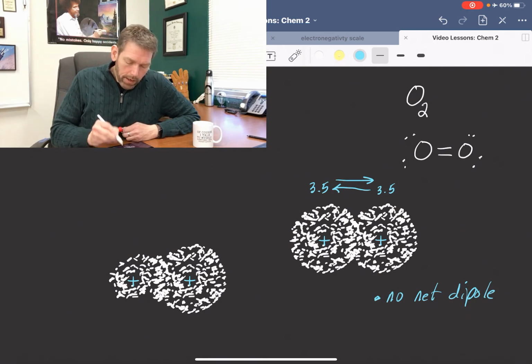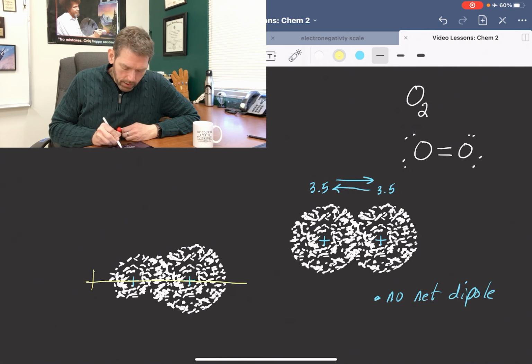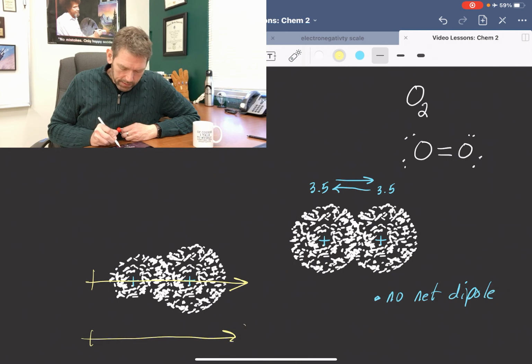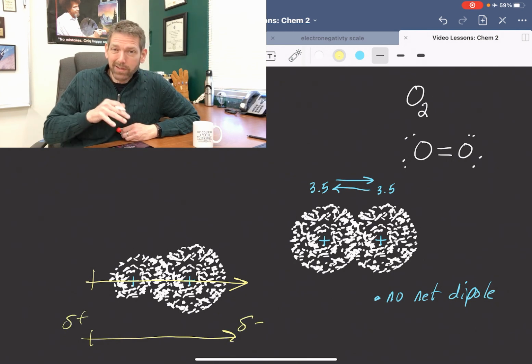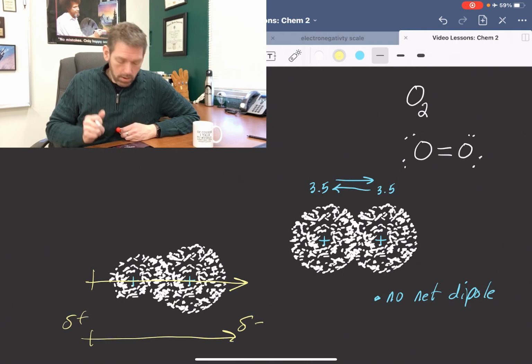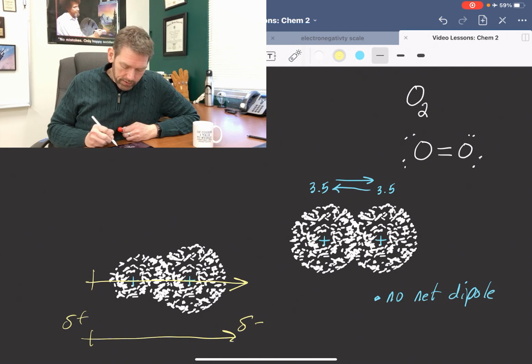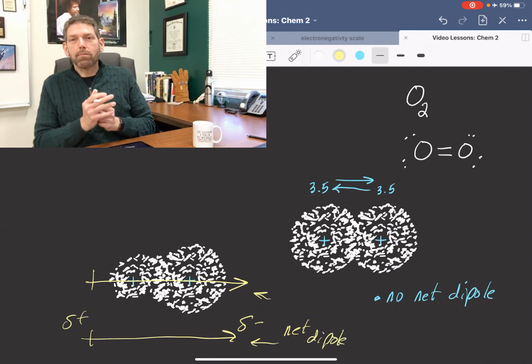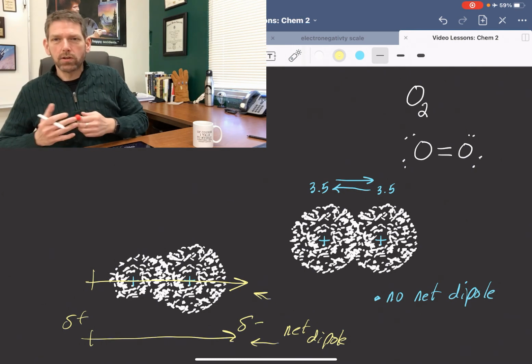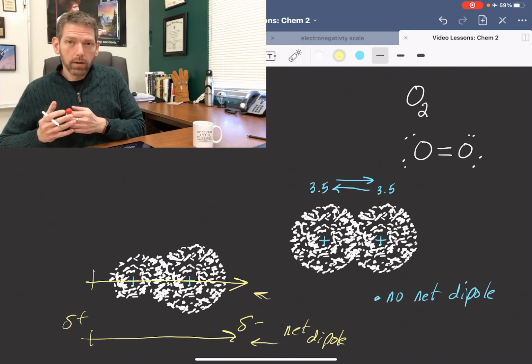And remember, we had done this. We said that there was this pull going through it, and we said this side was more partially negative and this side partially positive. That's what that symbol sigma means, partial, based on electronegativity values. So this part right here, that is what we call a net dipole. There were two sides of the molecule unevenly distributed with electrons.